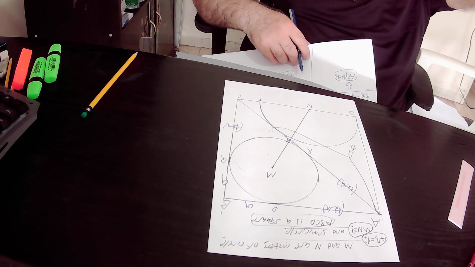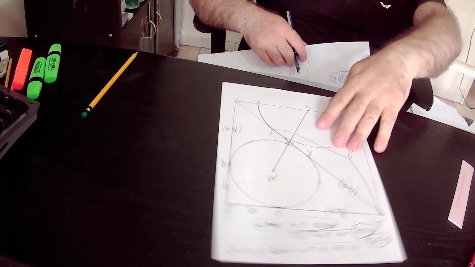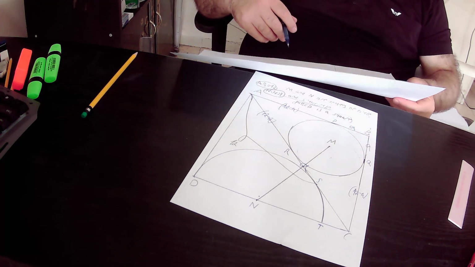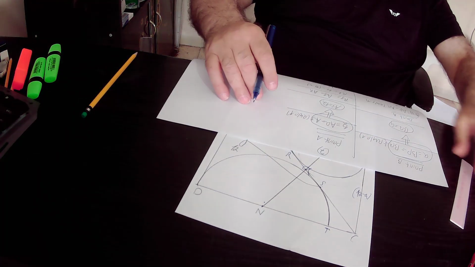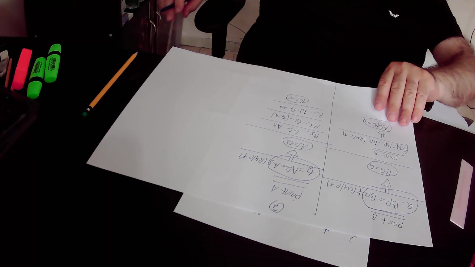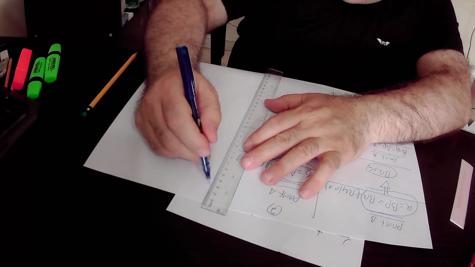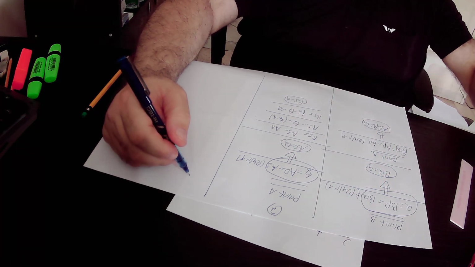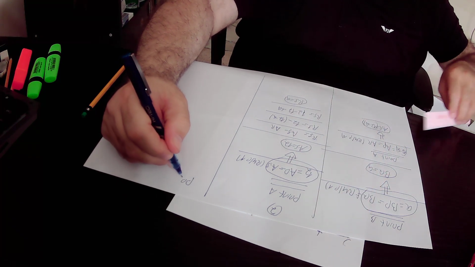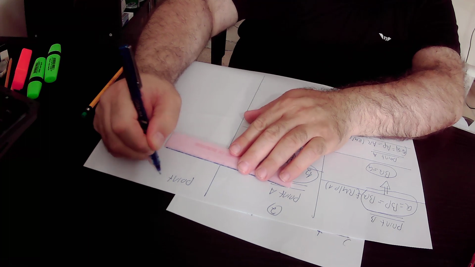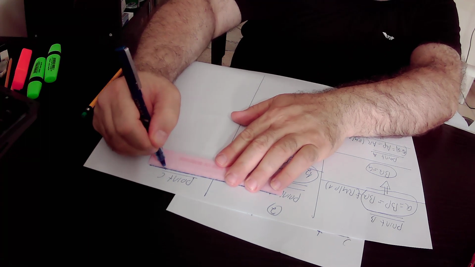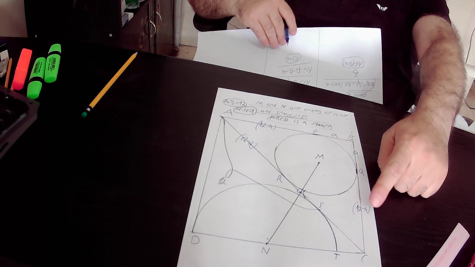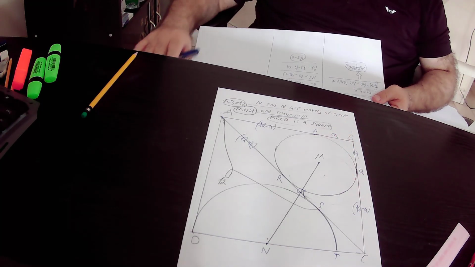In the next step, we will focus on the external point C. From the external point C, we have two tangents to this circle.